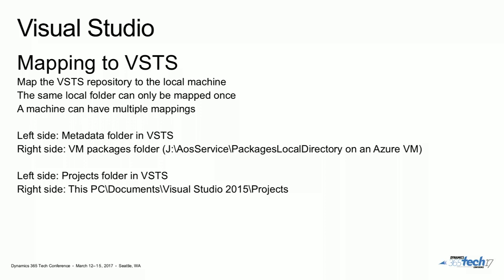They only have one drive. It's C, AOS service, packages local directory. And then you can also do projects, and there's a projects folder under main and under dev normally, and they map to the default Visual Studio projects folder on a machine, which is under Documents.